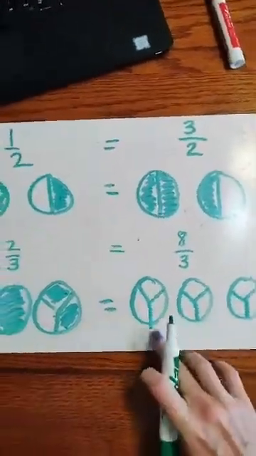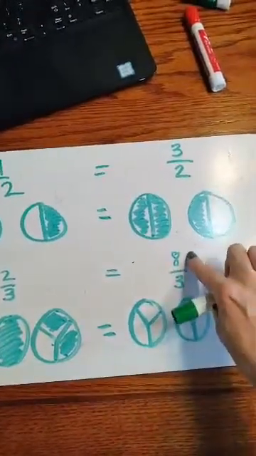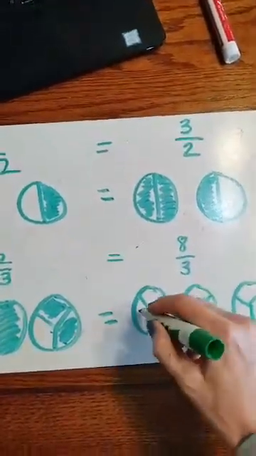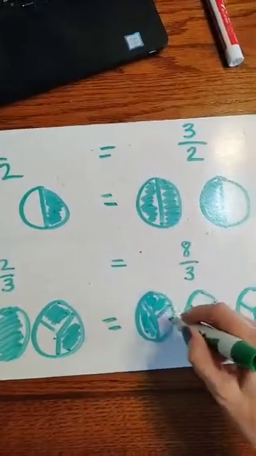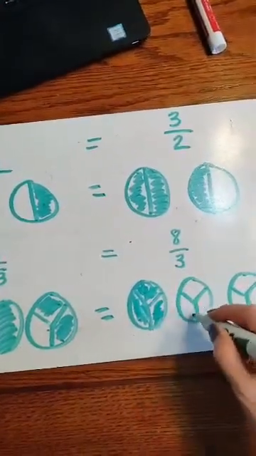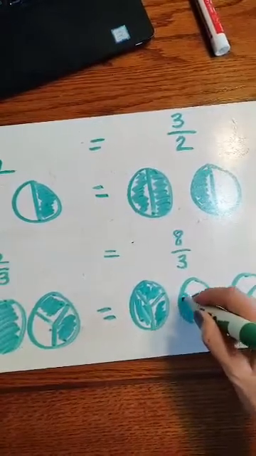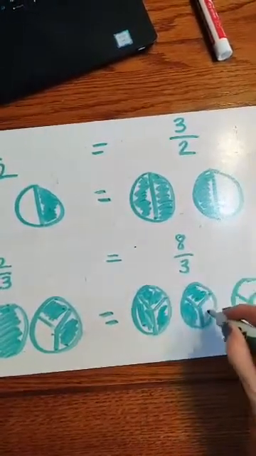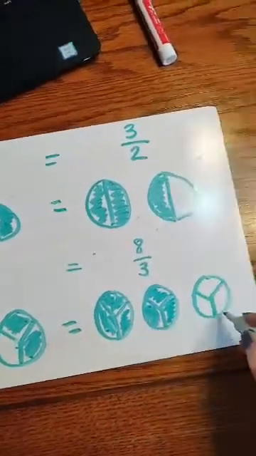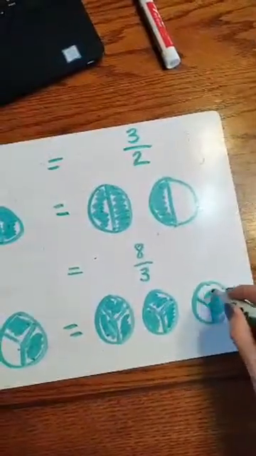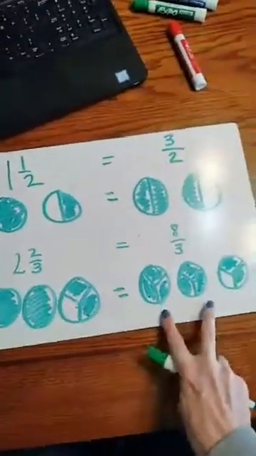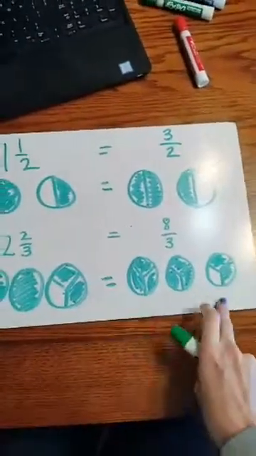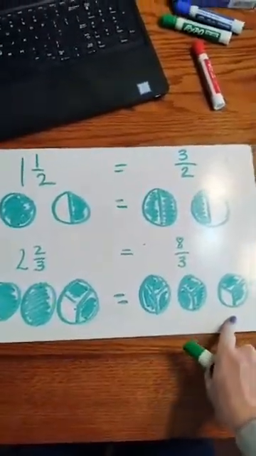Okay, and the top number, my numerator, tells us how many to shade, so I'm shading 8 of my pieces. 1, 2, 3, 4, 5, 6, 7, 8. And if I look, I have 2 whole ones on both sides, and I have 2 out of 3 on my other one.